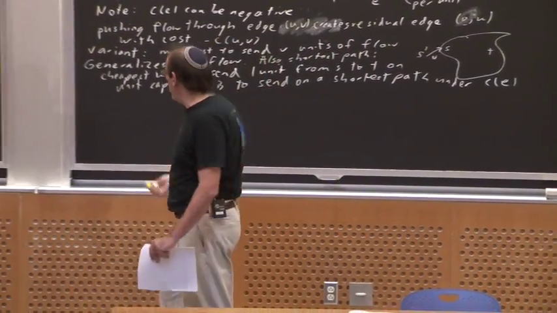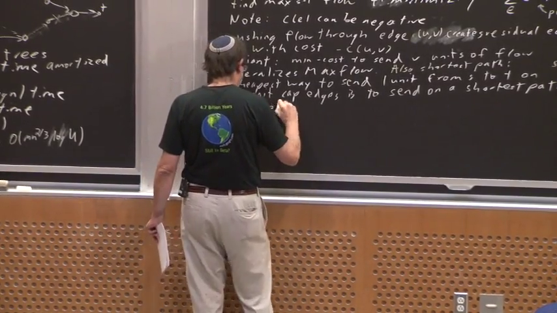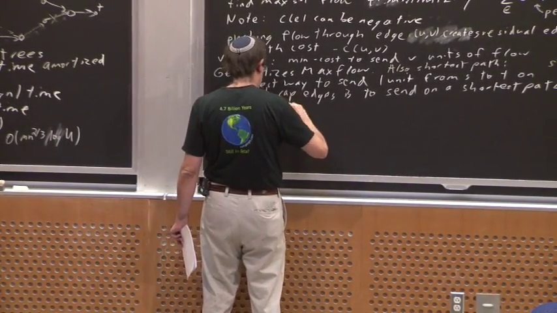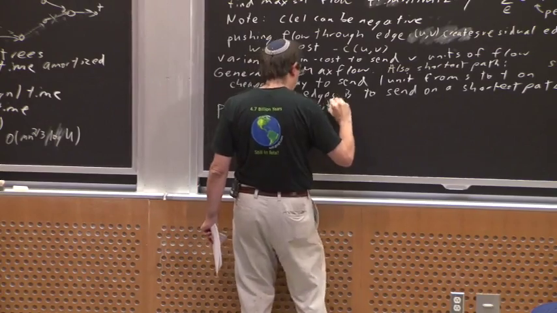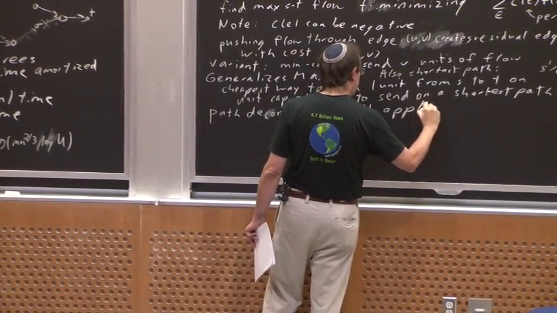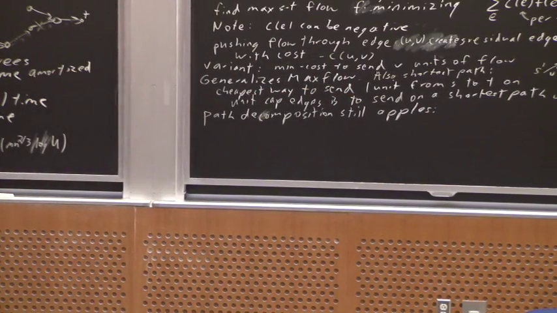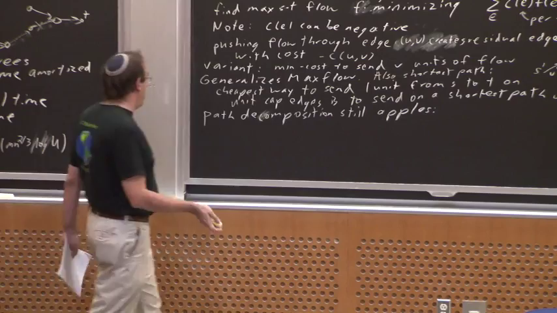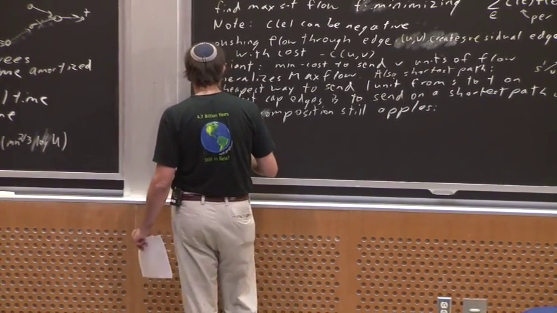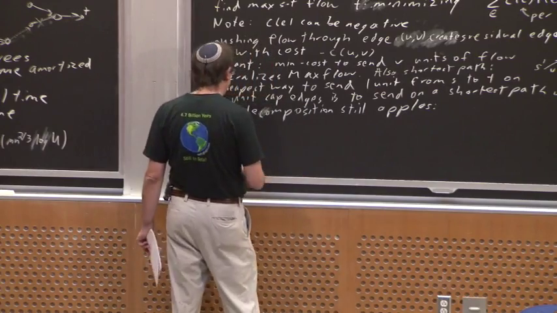Well, it was path decomposition. Because min-cost flow is a flow problem. You're finding a flow. So any flow decomposes into paths and cycles, right?